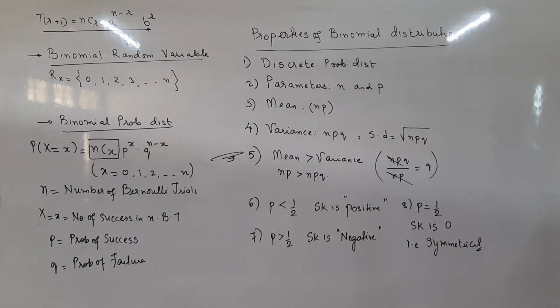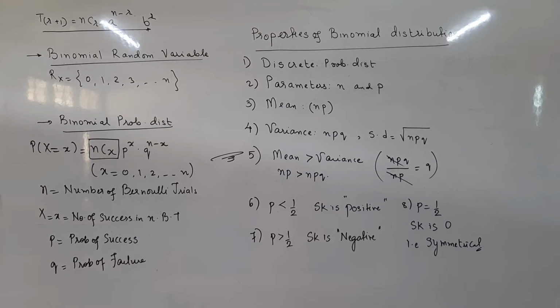Then the fifth and most important property: the mean of a binomial distribution is always greater than the variance, and the ratio of variance to mean gives us, students, the probability of failure, which is q.